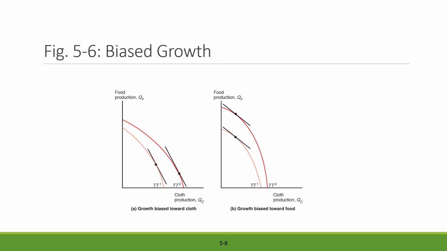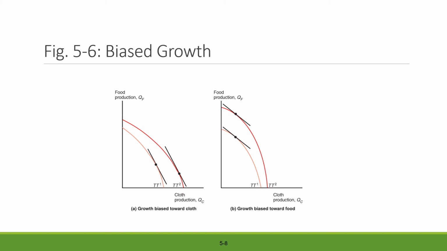Now what happens when such a type of increase occurs? If you look at the first graph, the ISO value line is exactly the same for the first production possibility frontier and the second production possibility frontier. But after the shift in the production possibility frontier, the overall quantity of cloth definitely has increased.